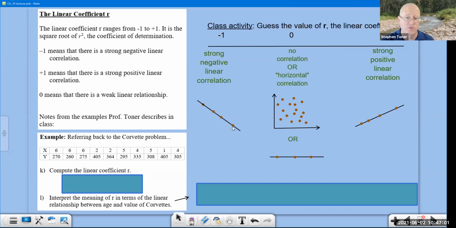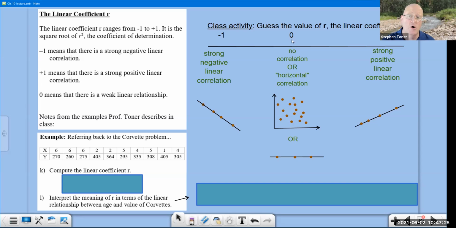A perfect -1, as I said earlier, has a downward trend and the line goes perfectly through the dots. When you have a perfect +1, the line is going upward and it goes perfectly through the dots. So the slope of the line, if the slope is positive, your R value will be positive. If your slope is negative, your R value will be negative.